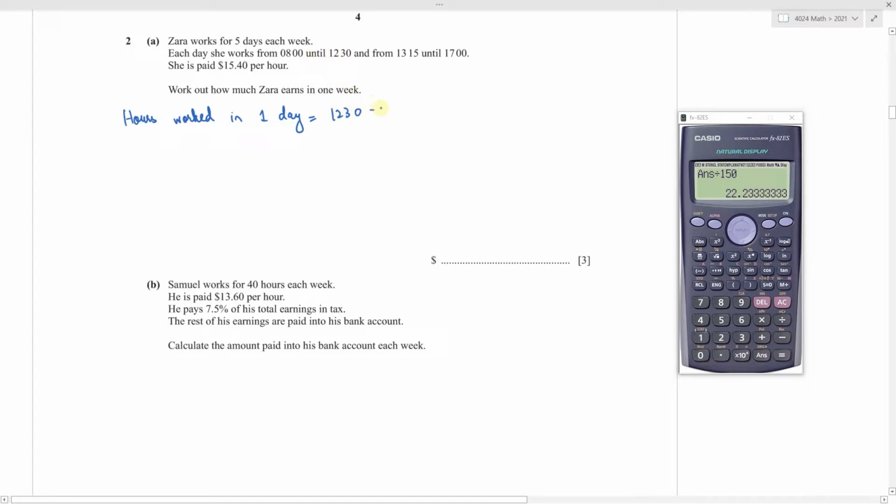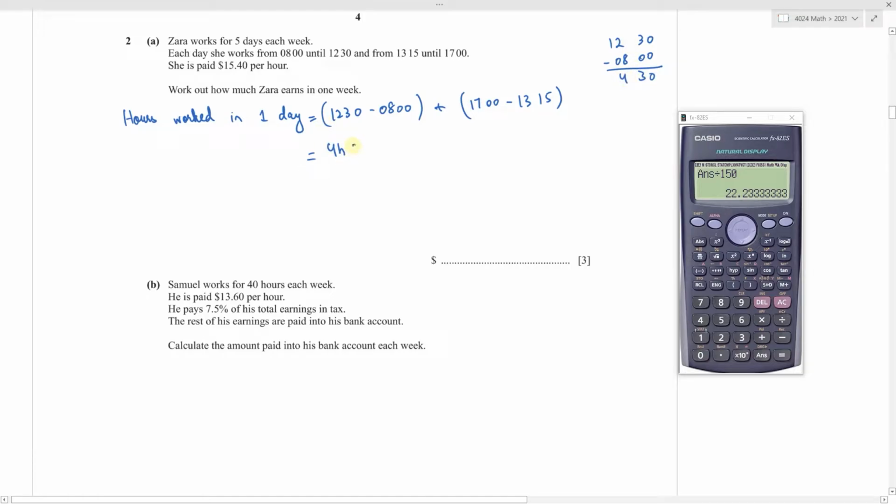Her start time is 8 o'clock. So this plus she then again works from 13:15 till 17:00. So her end time is 17:00 minus 13:15. So let's do these here. So 12:30 minus 0800.